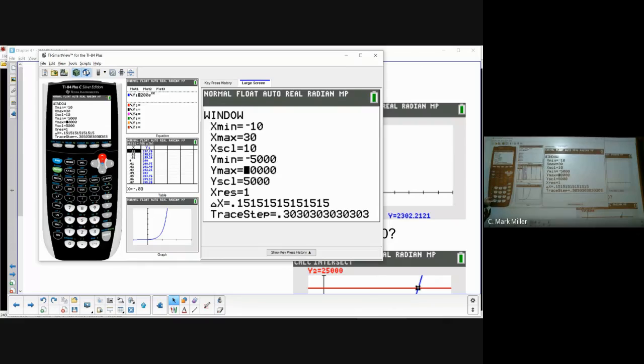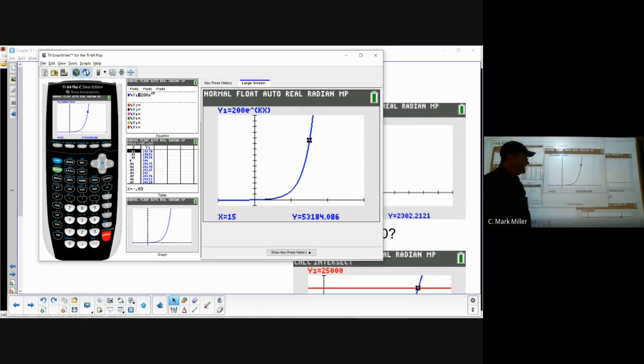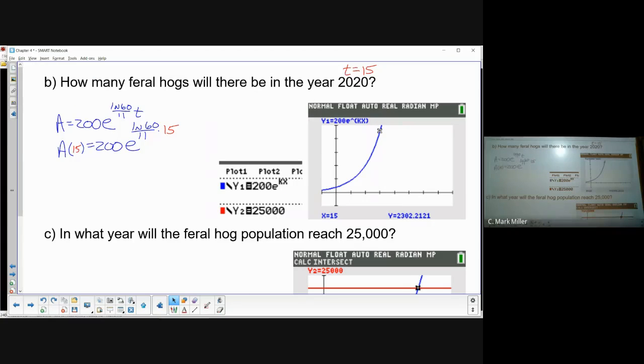Let's go to 75,000. My graph's not big enough. Okay. Then I do 15. 53,184.